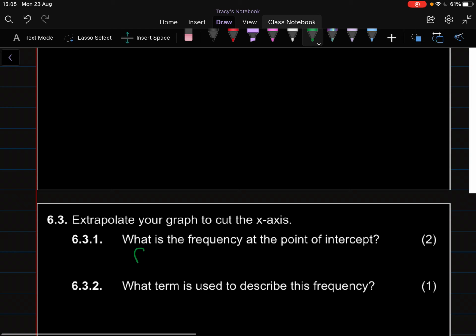Now, the official memo said 5,4 times 10 to the 14 hertz. There's a little bit of leeway in accuracy here. Obviously, if your graph is completely inaccurate, you're not going to get this mark. So you need to be accurate. Don't throw away marks for something silly.